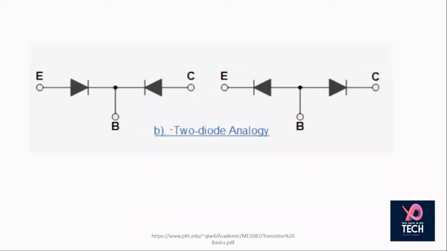Moreover, when both are reverse biased, P means negative, N means positive. Similarly, N means positive and the other is negative. When both are reverse biased, the device is in cutoff mode.